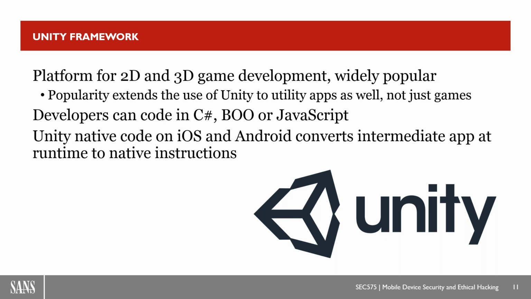And Unity does really, really well in that market, even if it's not a game, even if it's a utility app or even a shopping app in some circumstances. So if you want to build an app using the Unity framework, you can write your code in C#, or Boo, which is like a Python-like language, or JavaScript, and then you spit out the application for Android and for iOS, and it runs on that platform without you having to develop for just that specific platform.